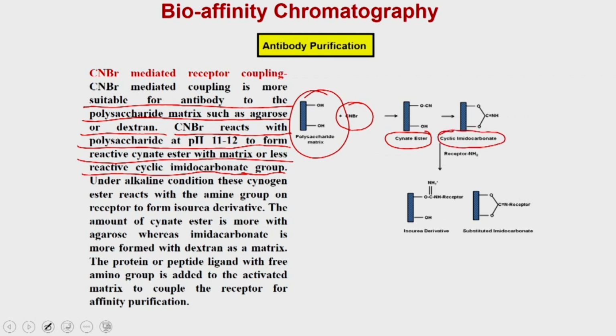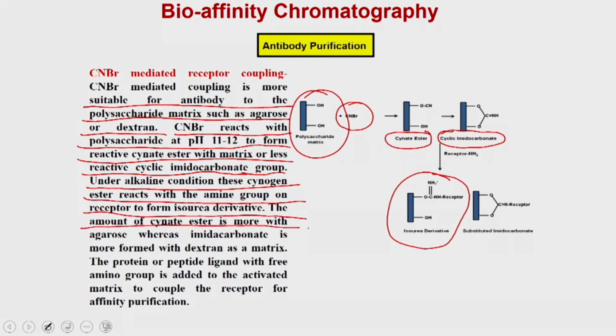Once you add the protein, which contains free amino groups, under alkaline conditions these cyanate esters are going to react with the amine group present on the receptor to form isourea derivatives, and that is how your protein is coupled to the beads. The amount of cyanate ester is higher with agarose, whereas the imidocarbonate is more formed with dextran as a matrix.